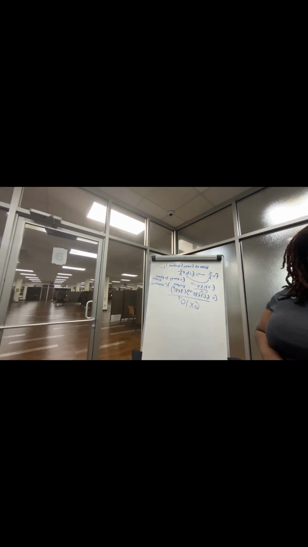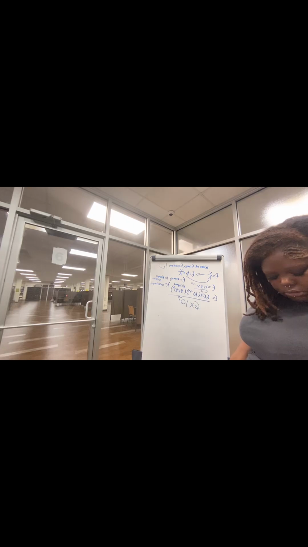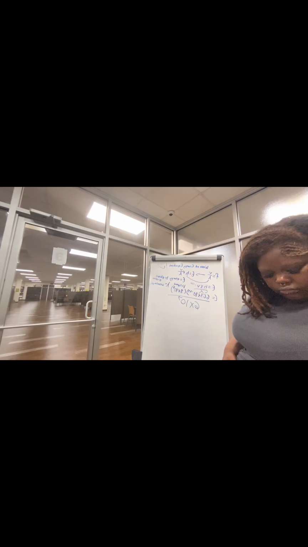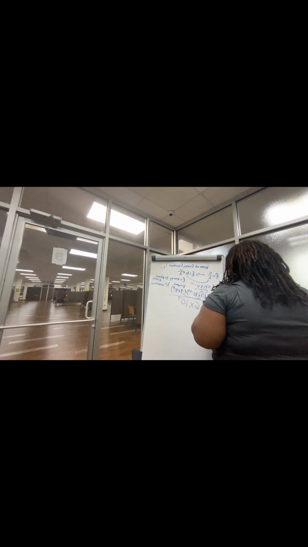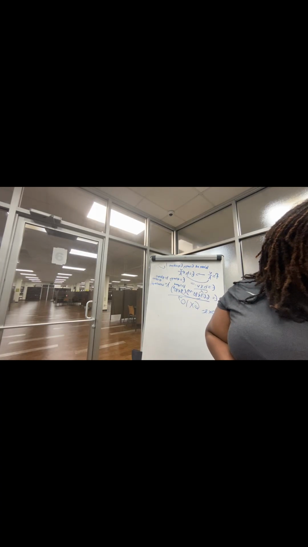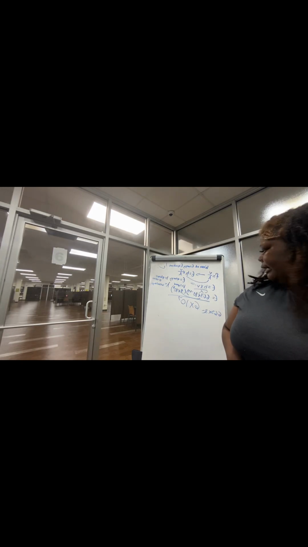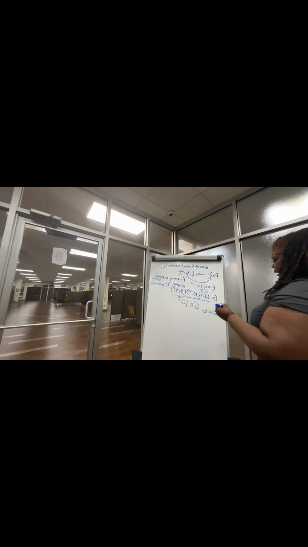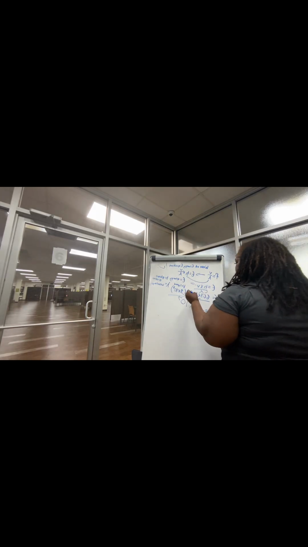Okay, so this is a lot. First, we're gonna do regular numbers. 6.63 times 3 equals 19.89. Then we're gonna do these two.